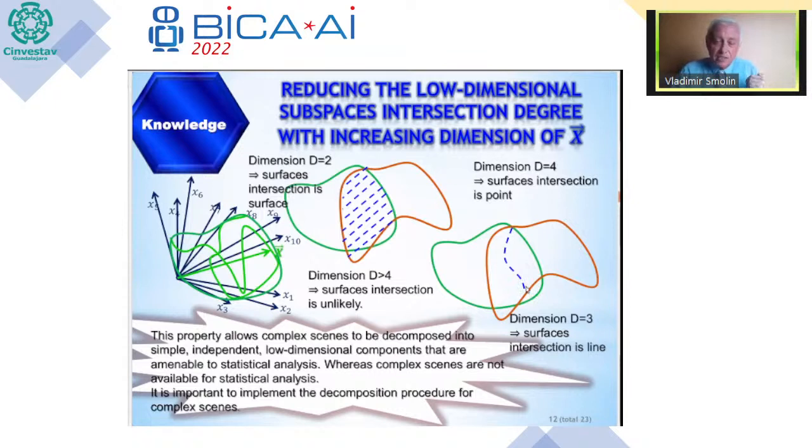In a three-dimensional space, their intersection will be a line. If the dimension is 4, the two surfaces will intersect in a point. And in dimensions higher than 4, surface intersection will be very unlikely. This property is very important.